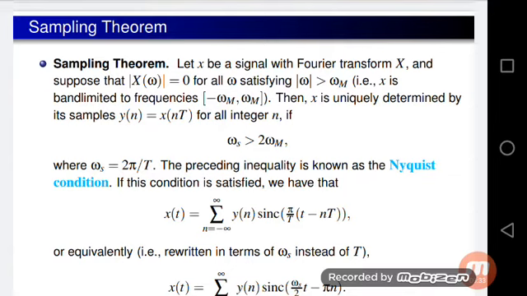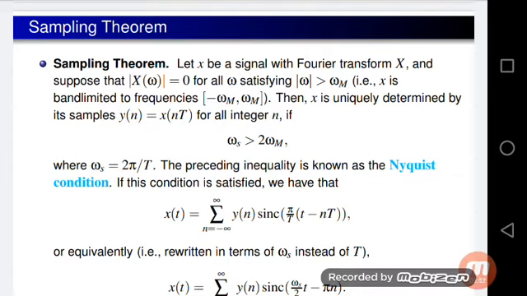Then x is uniquely determined by its samples y of n equal to x of nT for all integer n if omega s is greater than 2 omega m.